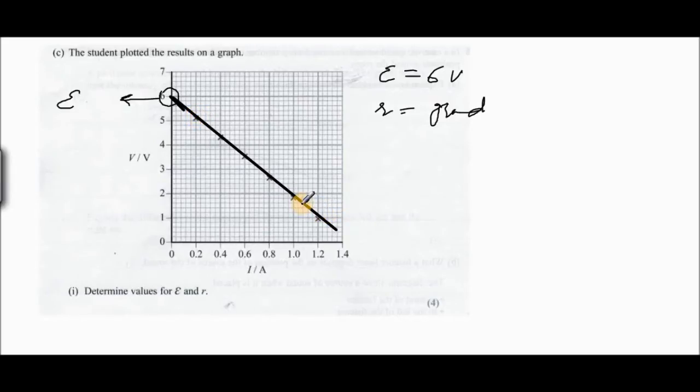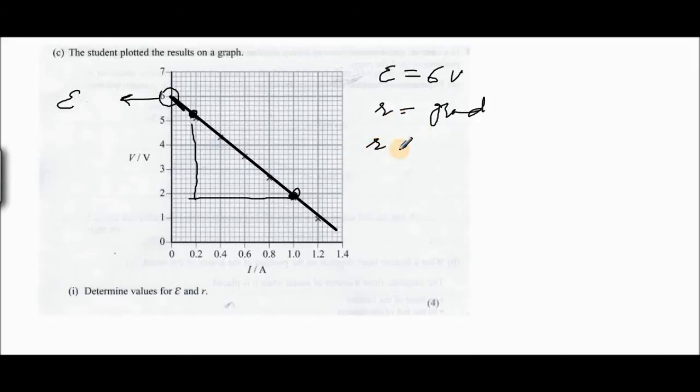I am taking two points, and you can take any other, but the triangle should be large in order to get a better answer. If you find the gradient, this is your rise and that will be your run. So rise over run is your gradient.